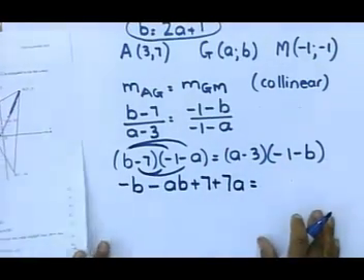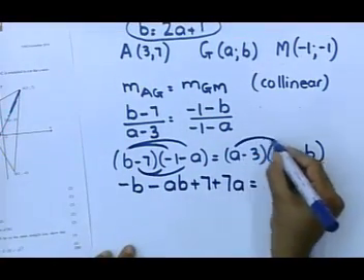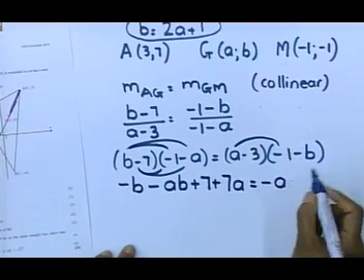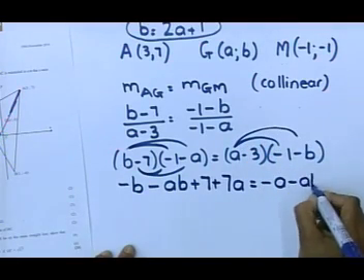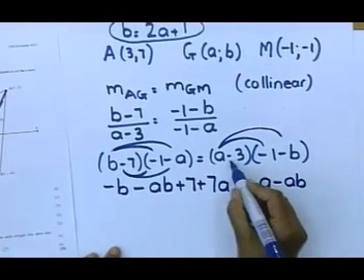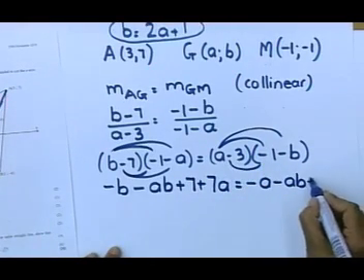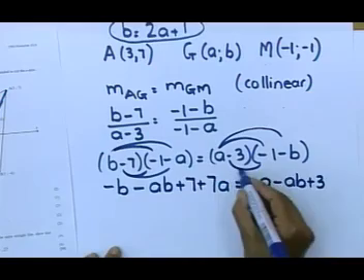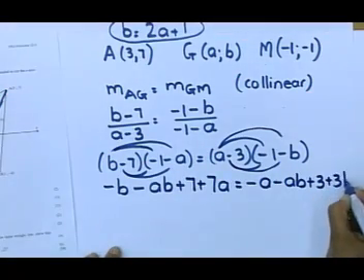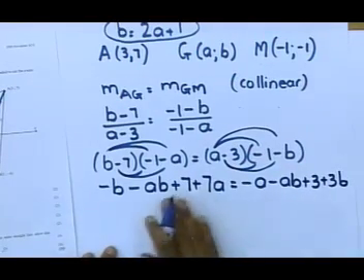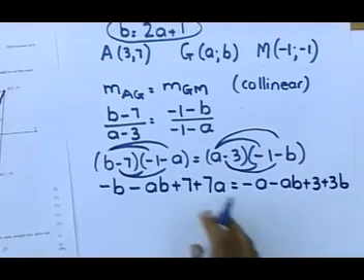Equals, on the right hand side now, A times negative 1 is negative A. Then I have A times negative B is negative AB. And then negative 3 times negative 1 is a positive 3. And negative 3 times negative B is positive 3B. I'm sure you got that. All I did was multiply out my brackets.